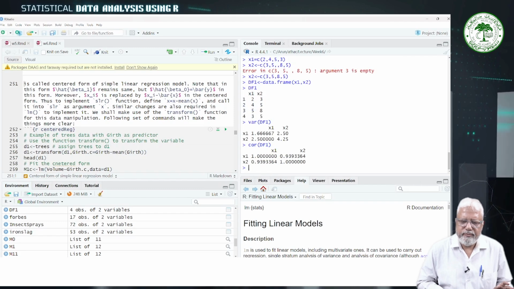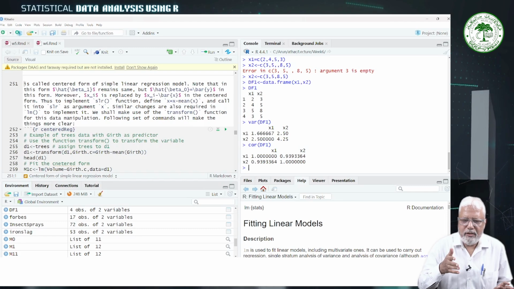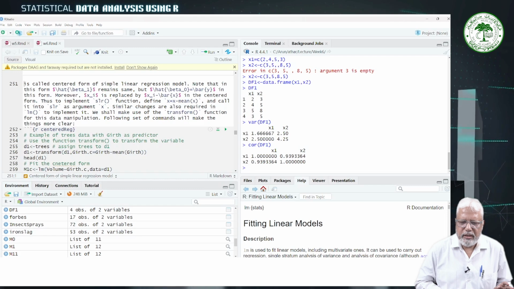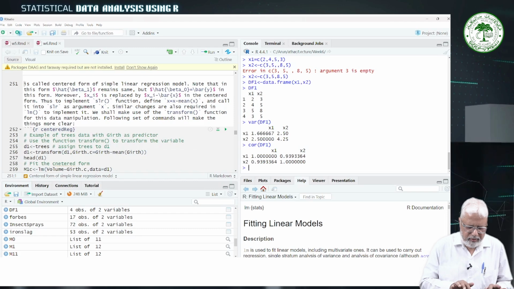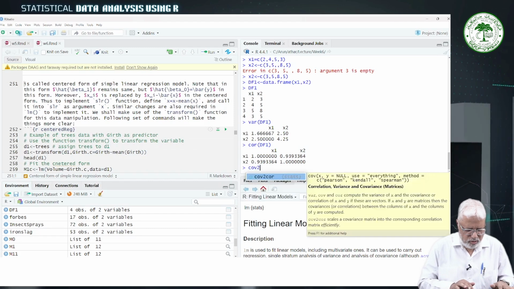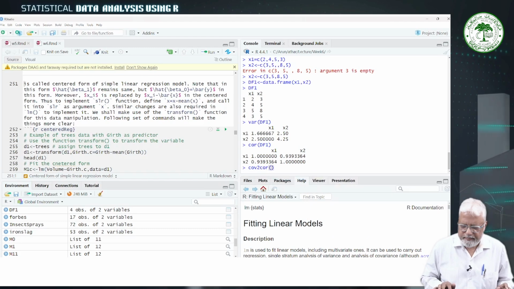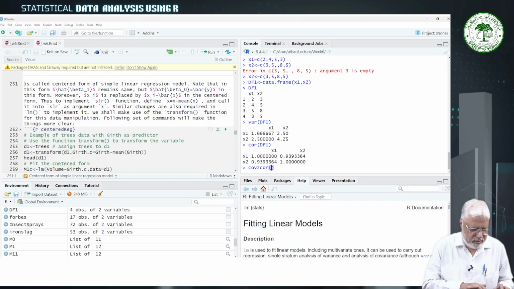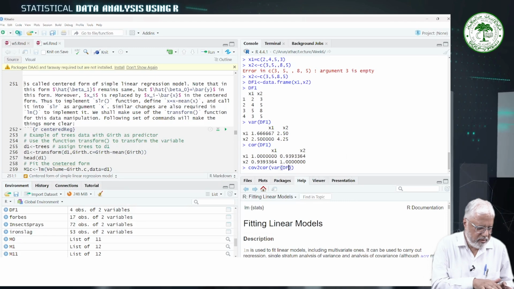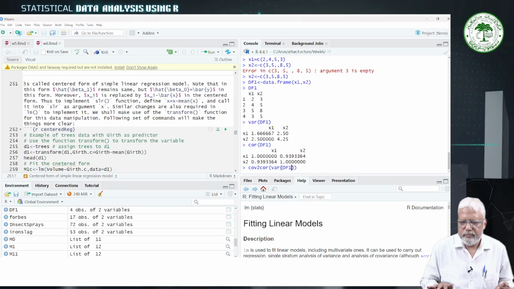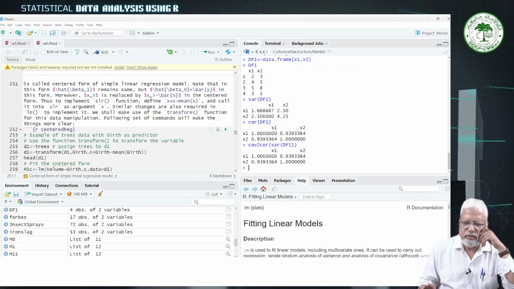But suppose we already have the variance covariance matrix, then how will we convert that into the correlation matrix? The function is cov2cor. It is a function available with base R. So it is cov2cor of var df1, and now it gives the correlation matrix directly.